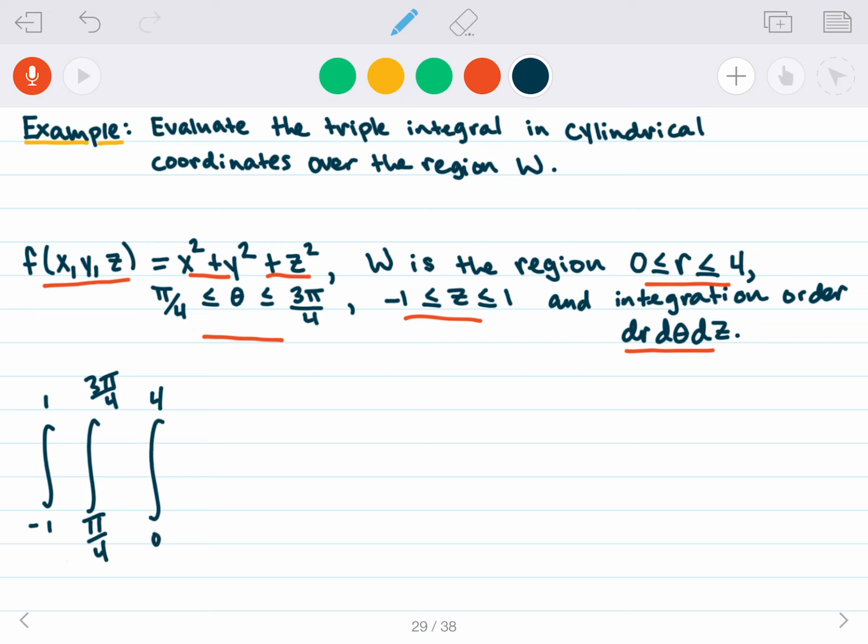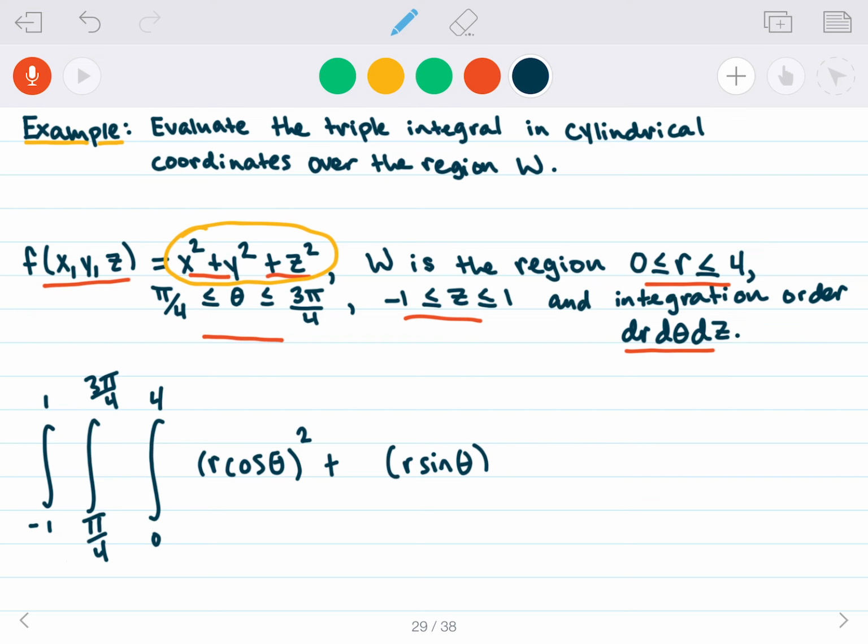And what I'm trying to integrate, well, this function, but I want to change x and y in terms of r cosine, r sine. So x is going to be r cosine theta, and we're squaring it just because of that there. Y is r sine theta, and we're squaring that as well.